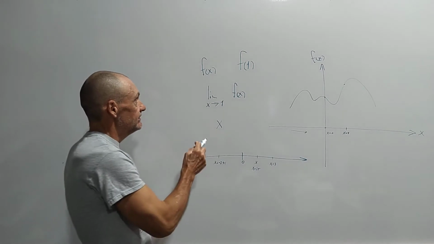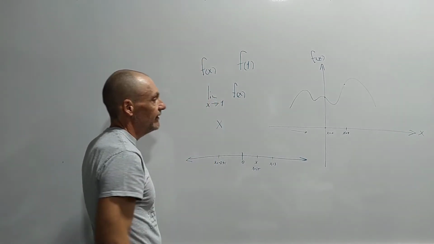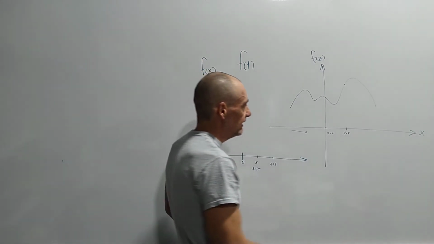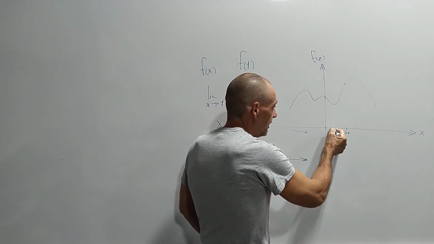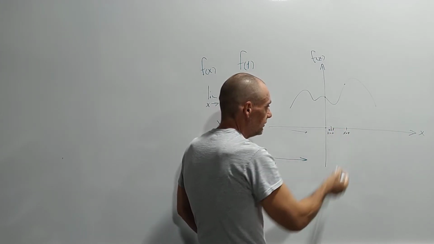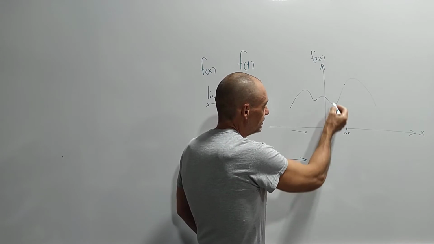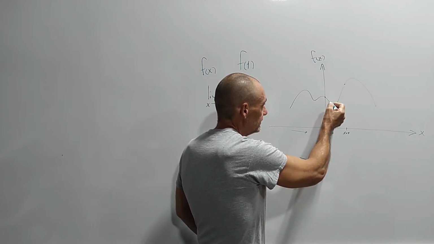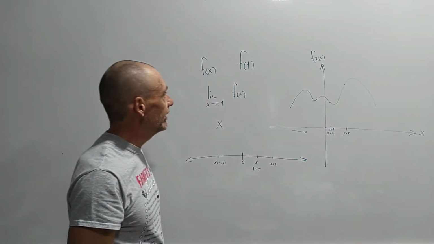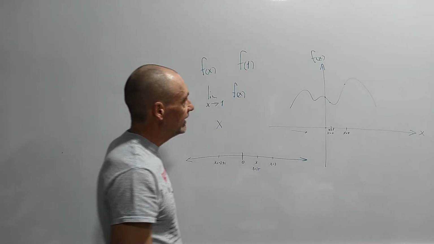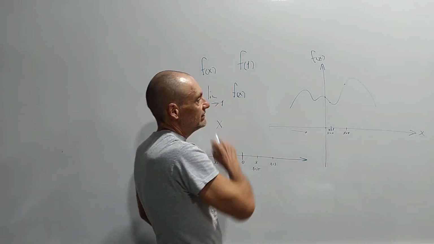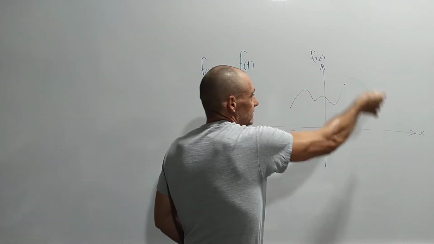So we have x, we have f of x, and then we have f of 1. So what that means is that let's say that right here, x is equal to 1. Okay? And the question is, what is f doing when x is equal to 1? And there it is right there, right? So we can't really say f of x equals, because f of x is this whole thing, okay?